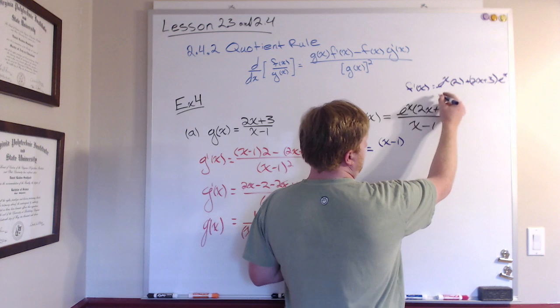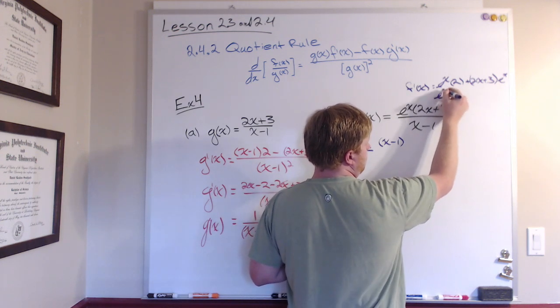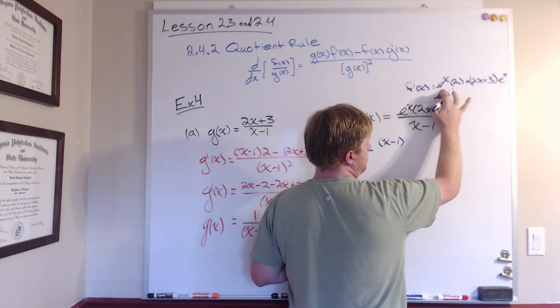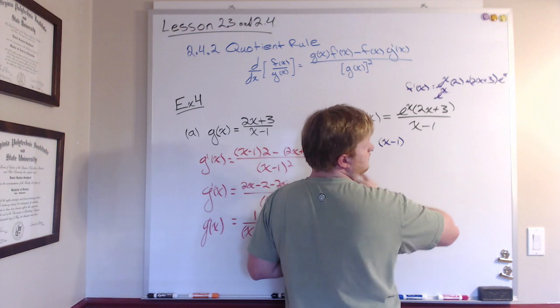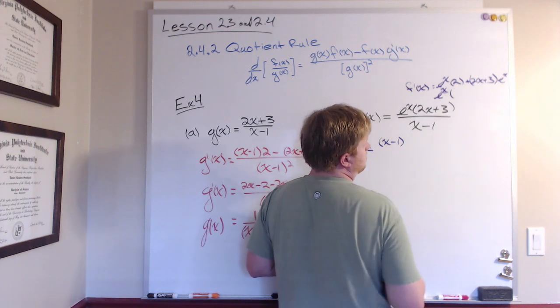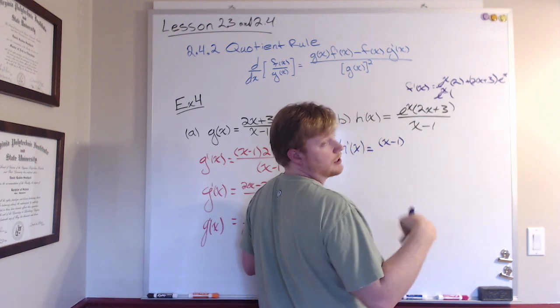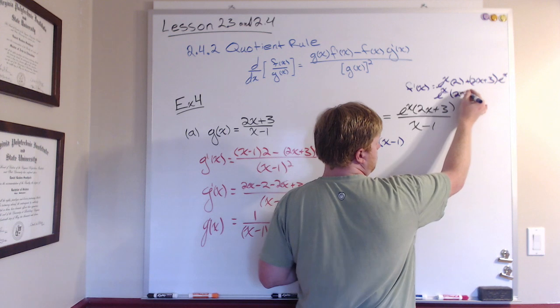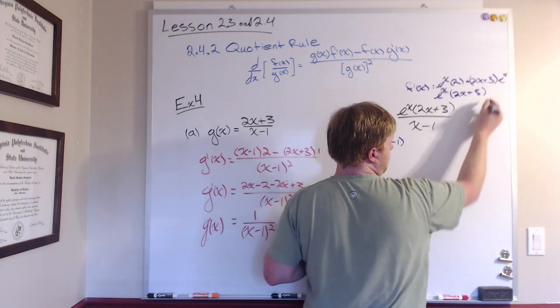So we can clean that up and say that it's e to the x times 2 plus 2x plus 3, or 2x plus 5.